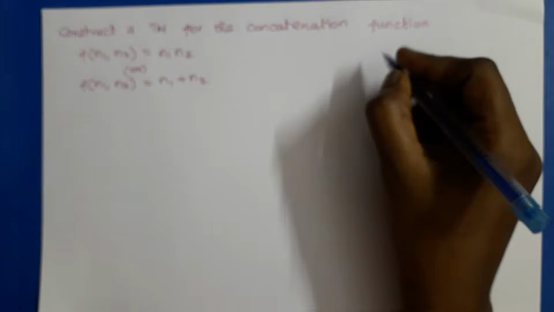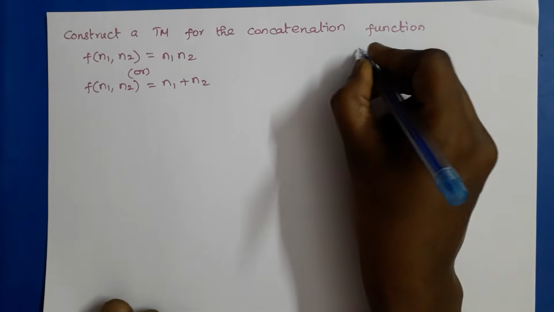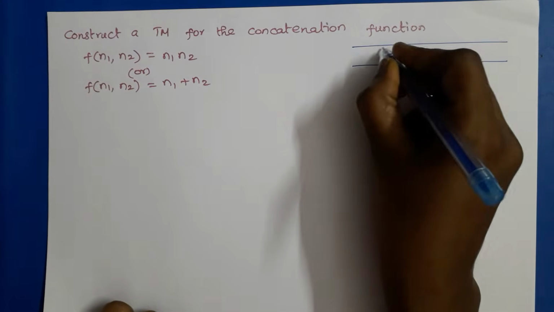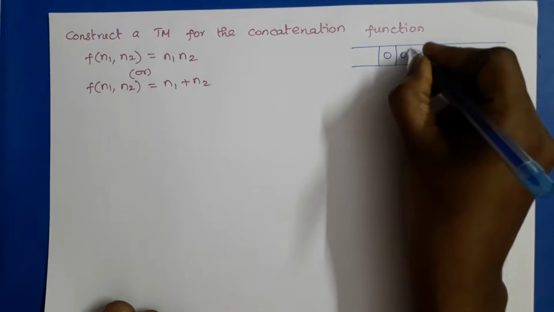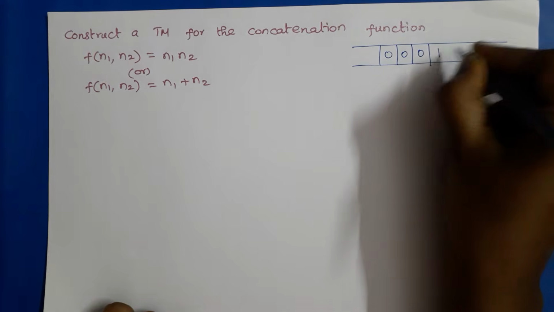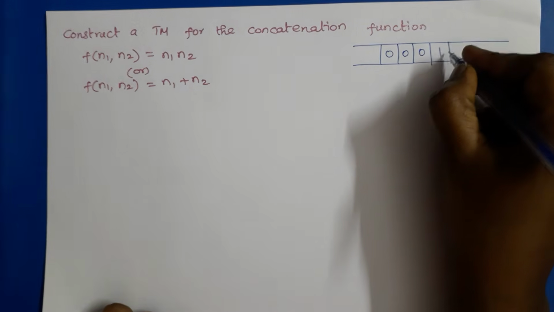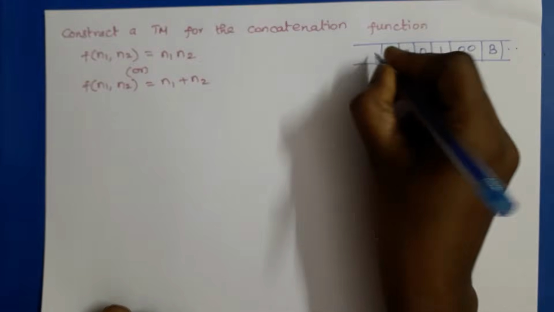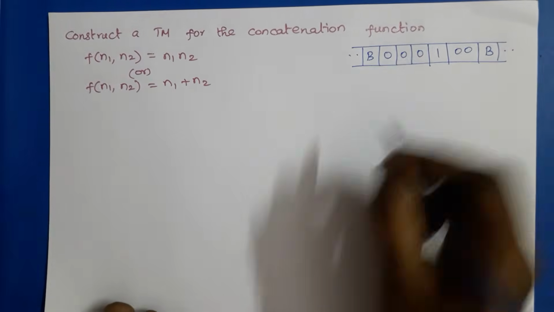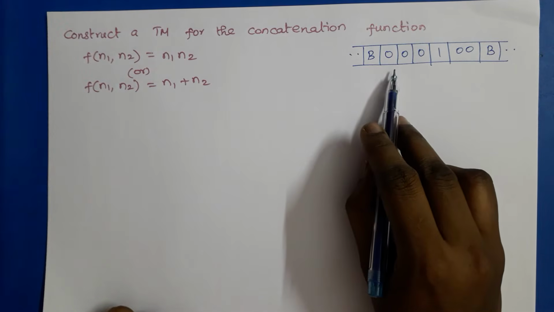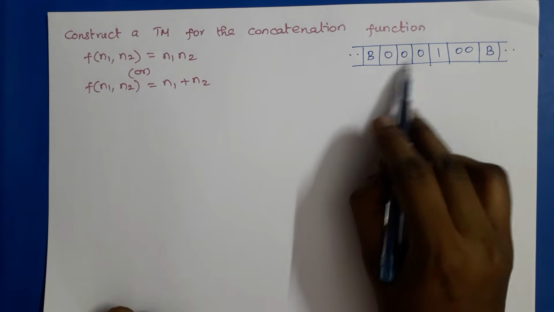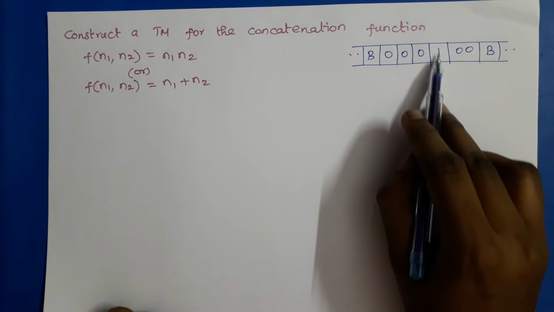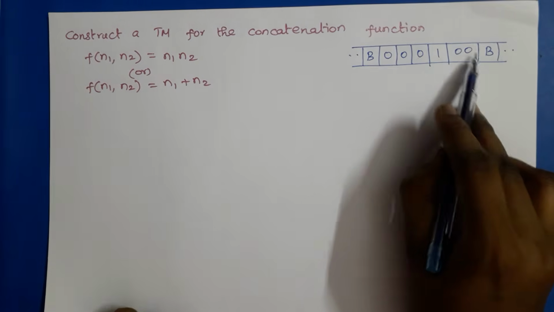Assume that our tape initially has 3 zeros followed by 1 followed by 2 zeros. The tape initially has n1 number of zeros followed by the separator symbol 1 followed by n2 number of zeros.